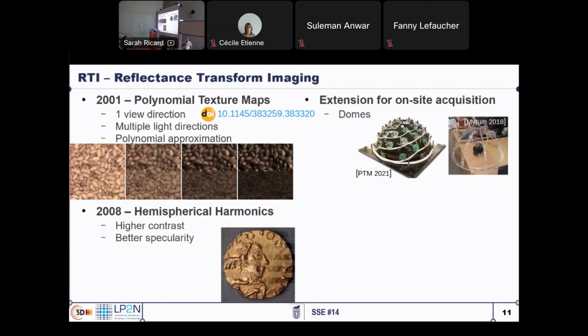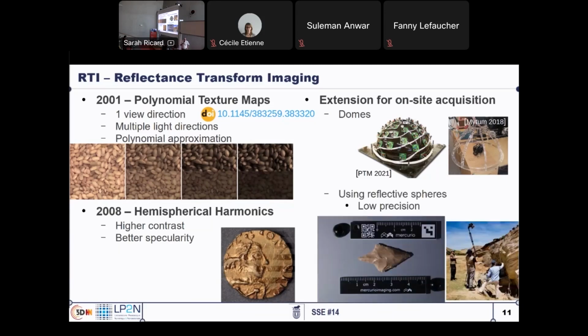And it has been a lot developed to be used for on-site acquisition using either some dome that you can carry on-site, like I've shown in these two examples.